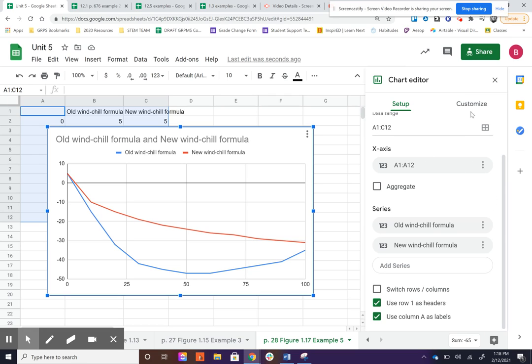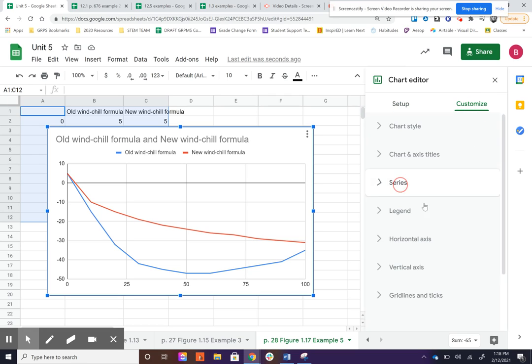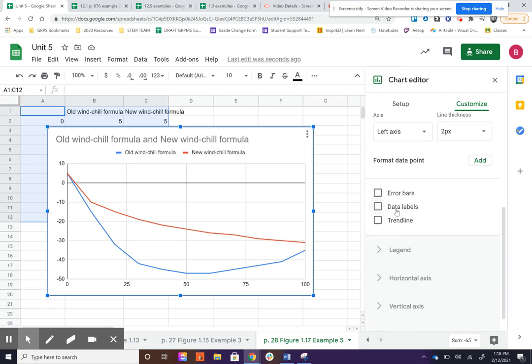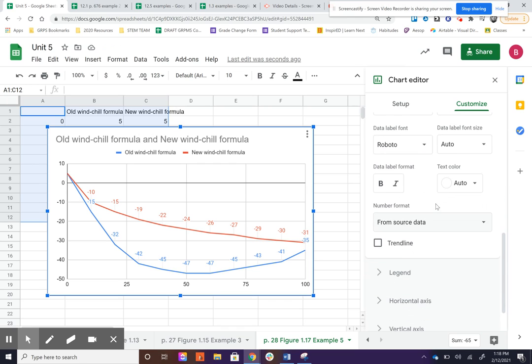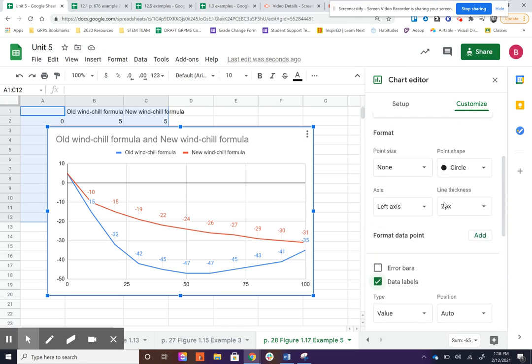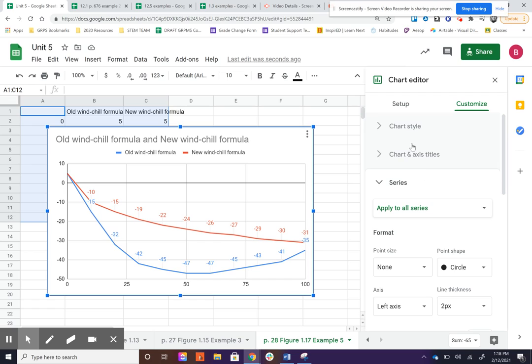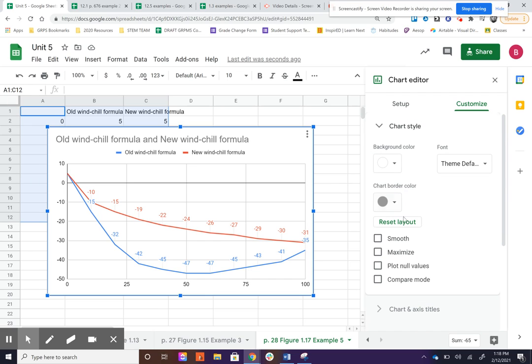So, let's customize it a little bit to look at these values. Wonder if you go data labels. All right, love it. And then chart style. No, I don't want the null.